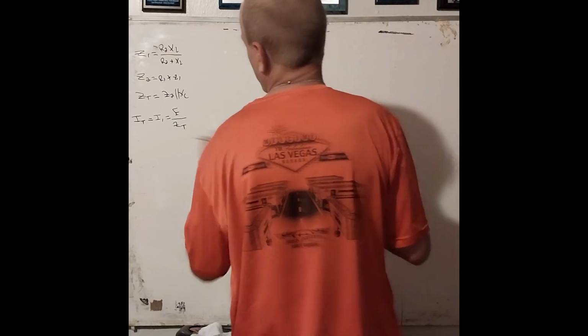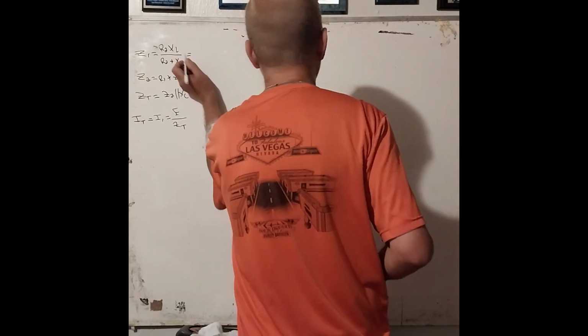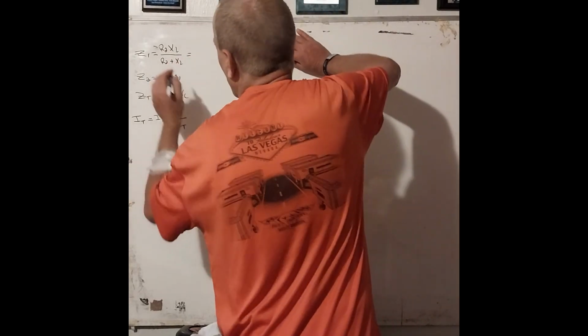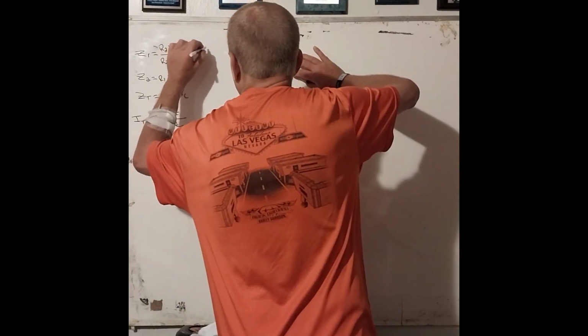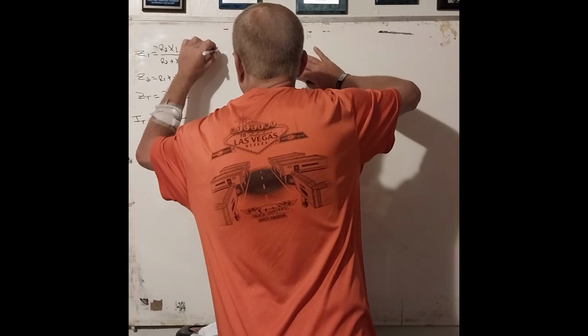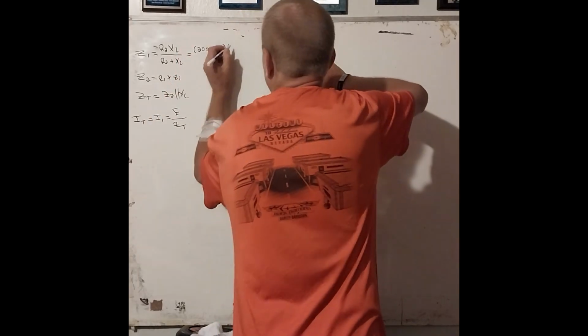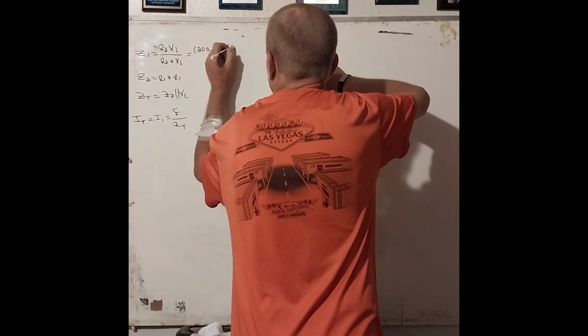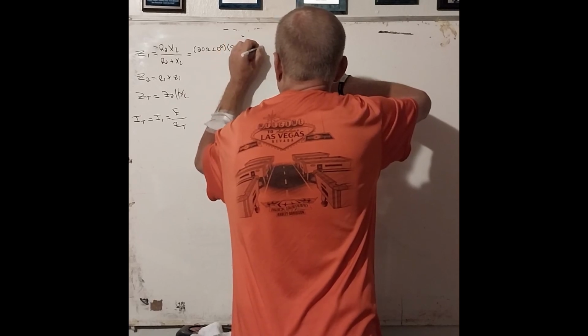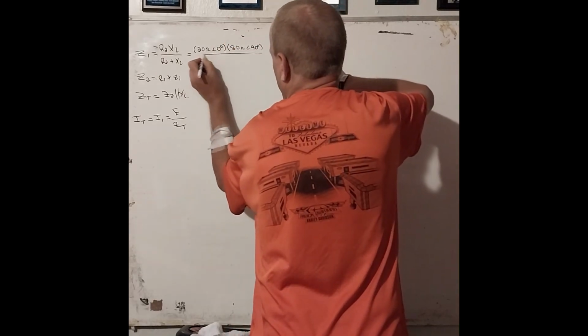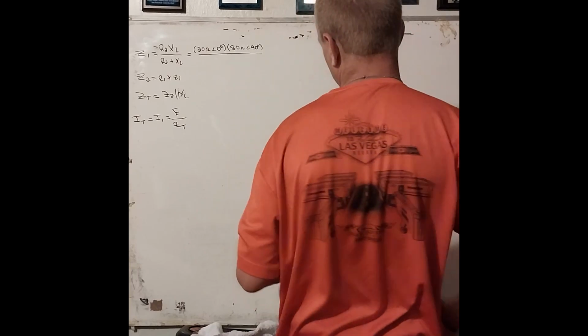All right. So let's try to use this whole board to do this. R2 is 20 ohms at an angle of 0 degrees, and it's multiplied by 80 ohms at an angle of 90 degrees, because inductors have a 90-degree phase change in relation to a resistor.